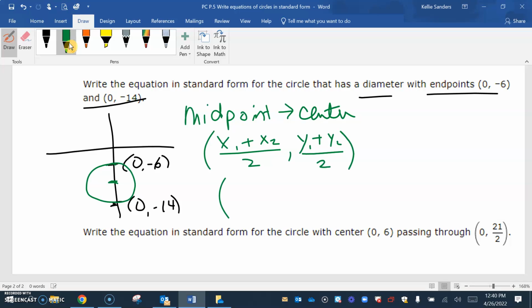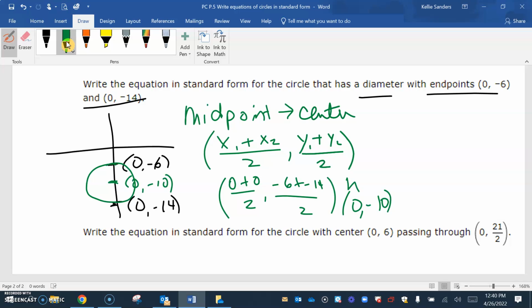And so it'd be 0 plus 0 over 2, and then -6 plus -14 over 2, which is -20 over 2, -10. So this right here is (0, -10), and that is our h and our k.